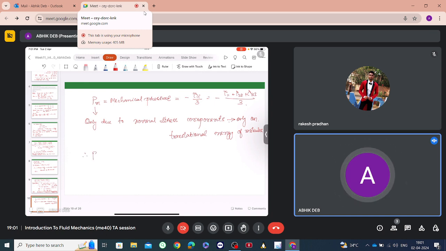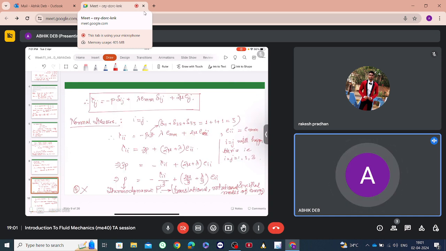Therefore, P is equal to Pm plus lambda plus 2 mu by 3, sorry, there is another delta Ij with the lambda also, right? So here also there will be another 3 coming for this.